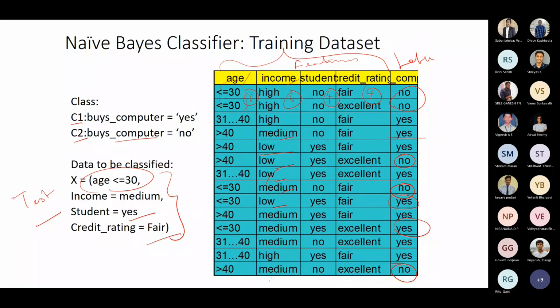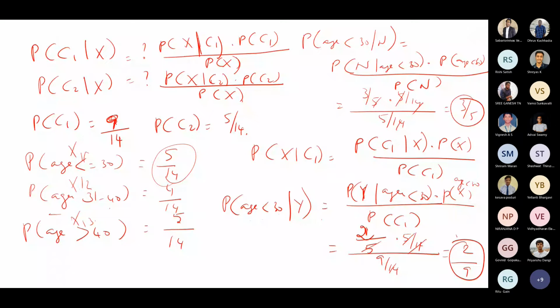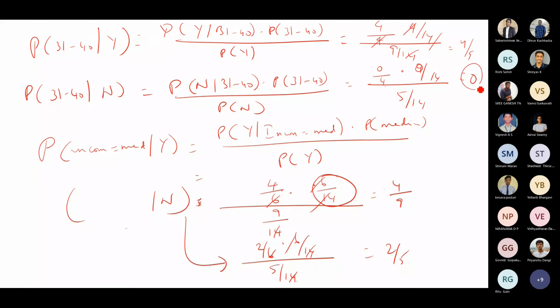But what is the drawback here? The drawback will be zero probability. We had one value of zero probability. Where is it? 31 to 40, yeah, this is 0.